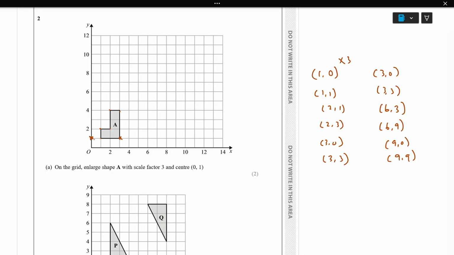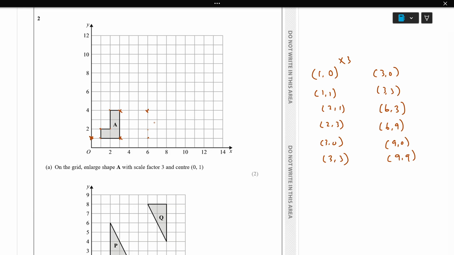1 unit right and 1 unit up. Okay, it's correct. Now 3 units right and 3 units up, so it's going to be here, the second point. Next, 6 units right, 1, 2, 3, 4, 5, 6 units right and 3 units up, 1, 2, 3.